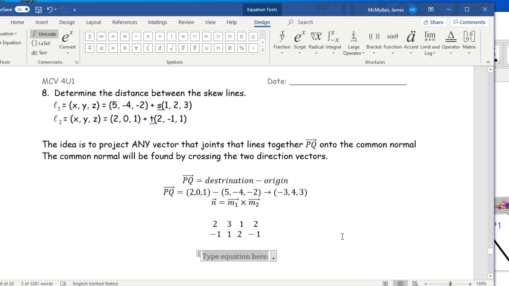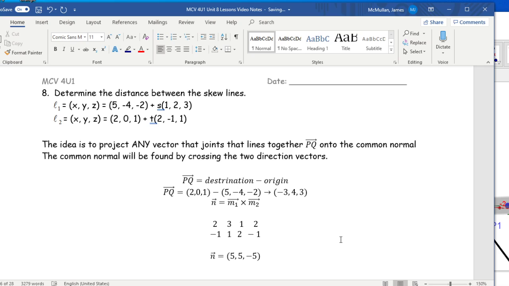So let's say n. 2 subtract negative 3 is 5. 6 take away 1 is 5. And negative 1 take away 4 is negative 5. So my theory is that 5, 5, negative 5 is the perpendicular vector.